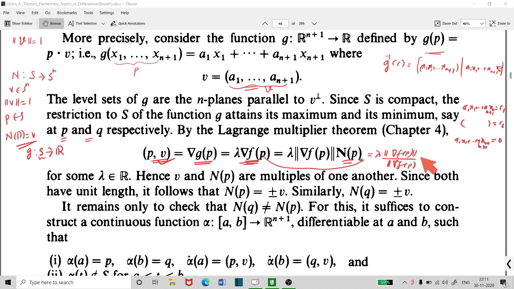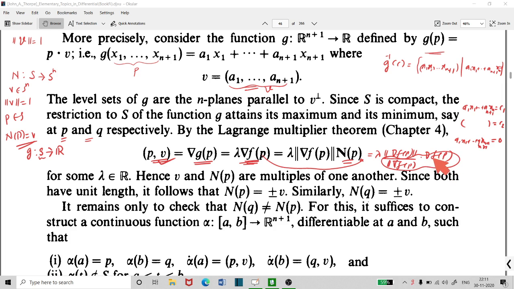So this part will give plus or minus n of p, because in every connected surface there are at most two normal orientations that can be defined on that surface. That is either del f of p by norm del f of p or minus of that. So this constitutes plus or minus n of p.